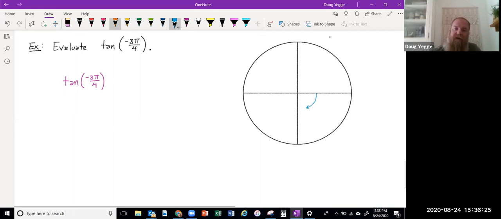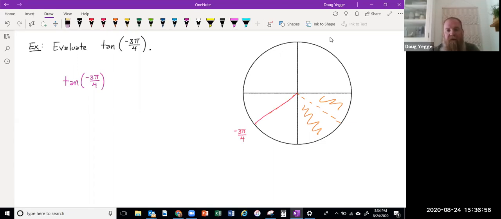I also realize that pi over 4 is halfway into the quadrant. So I know that it's going to be one of those pi over 4s, two of those pi over 4s, and finally 3 of those pi over 4s. So this angle right here is the angle of -3 pi over 4 radians.